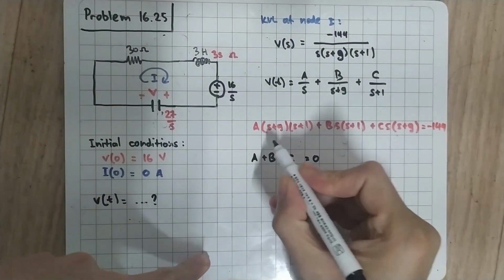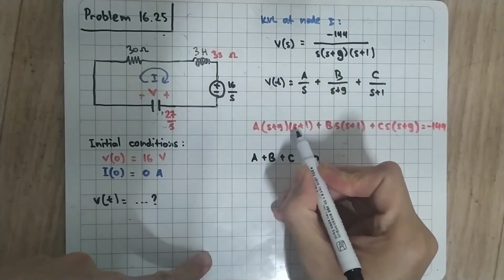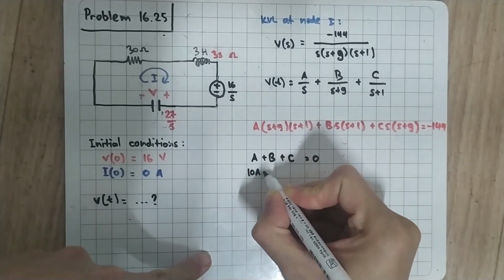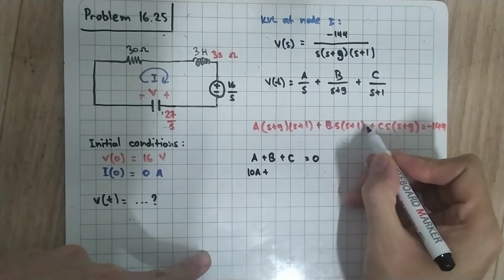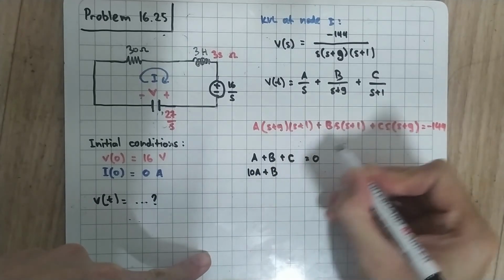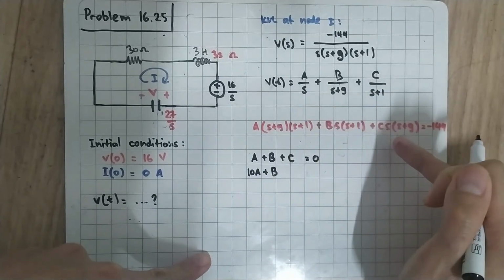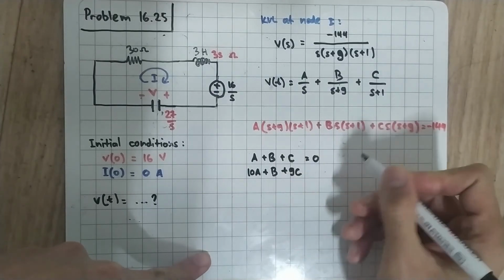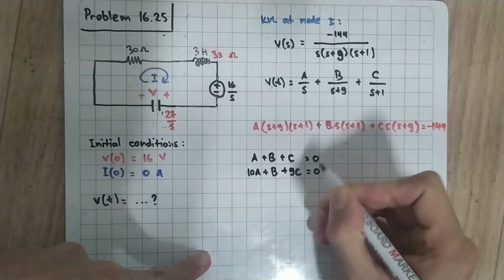And for the s term, we will have this 9s plus s, so I will have 10a, plus for the s term of b, I will have b, then the s term of c, I will have 9c, and that will all equal 0.